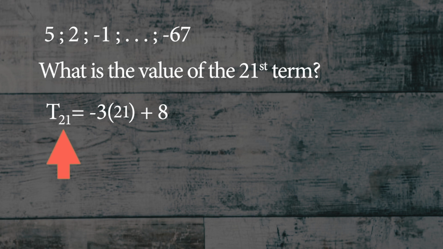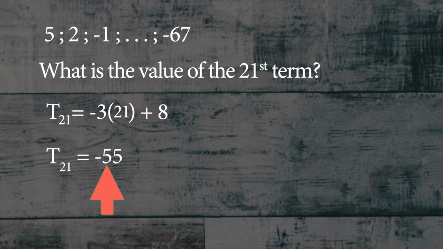After we do the substitution, we say minus 3 times 21 plus 8, and then we get an answer of minus 55. So the term in the 21st position is minus 55. Once we get to the 21st number, it will have a value of minus 55.